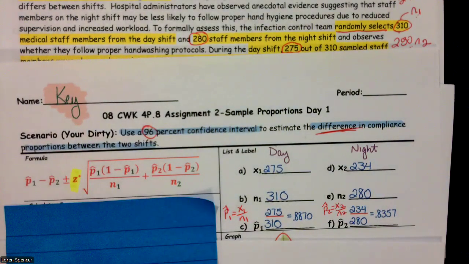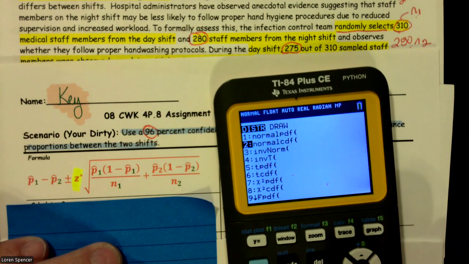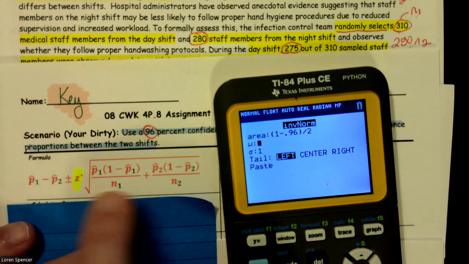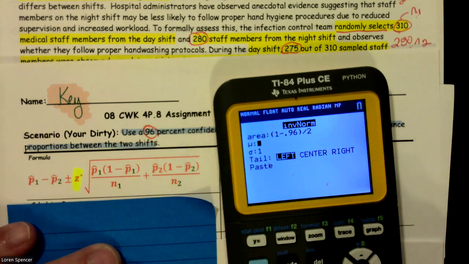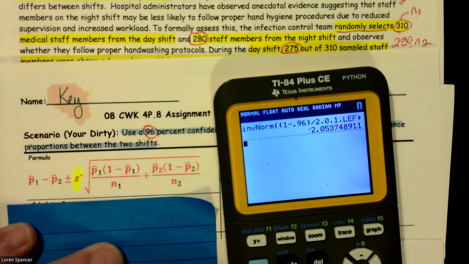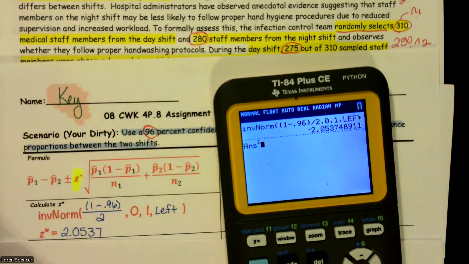Well, z star is just going to be simply, hey, second vars, inverse norm, parenthesis 1 minus 0.96, close the parenthesis, divide by 2. It's a z, so we're working with a mean of 0, standard deviation of 1, and we have a negative, but we're always going to make it a positive, and so we'll have 2.0537.